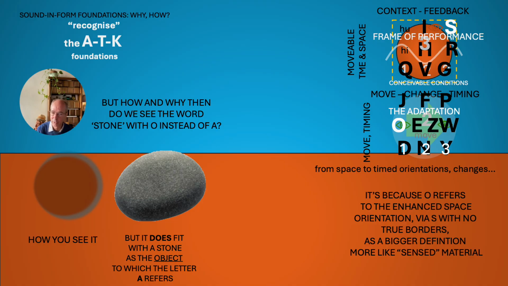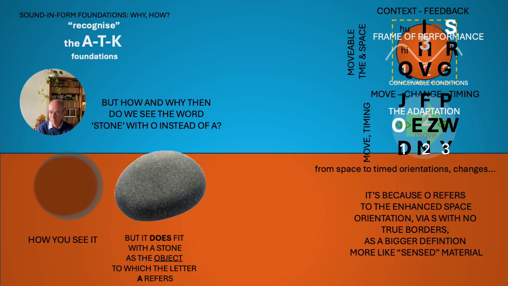S refers to, I will explain it better a bit further with images, that it doesn't have any borders. You go actually to the material itself, to the definition itself. The material, as if you can only sense it to where it is. There are no real borders there. It is about that material.